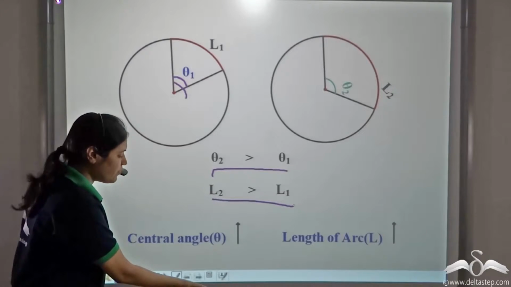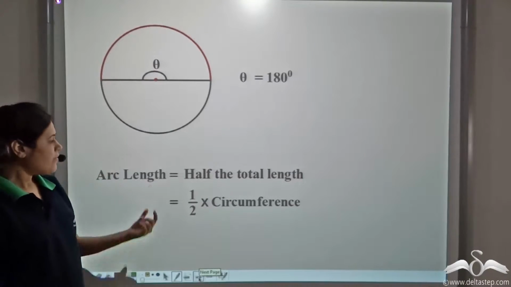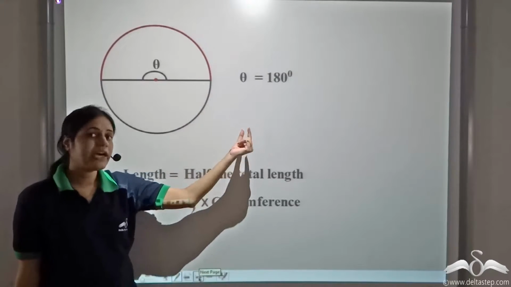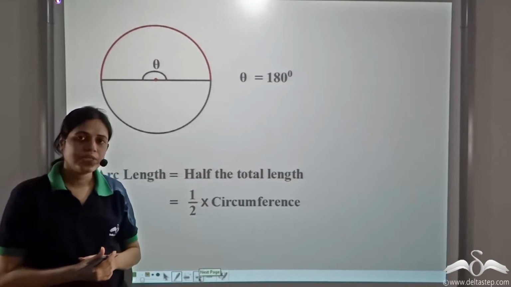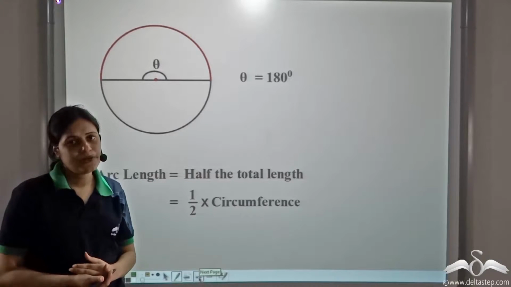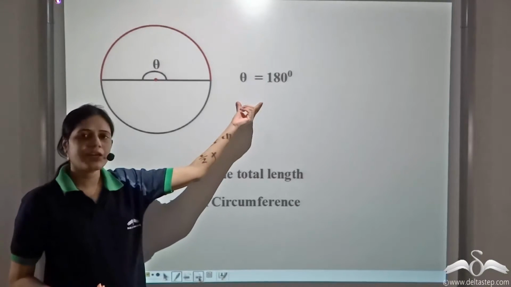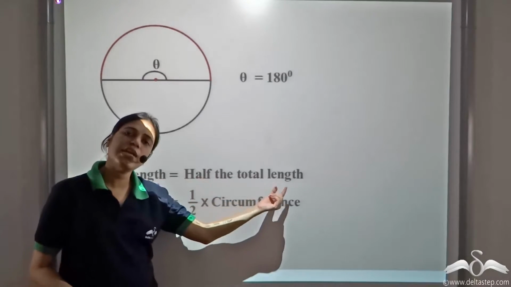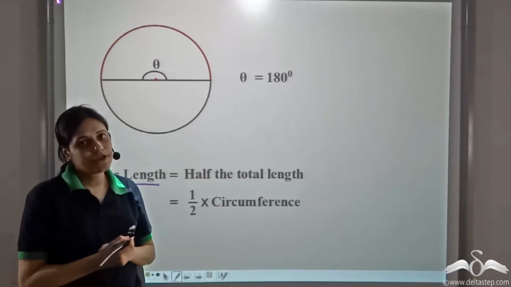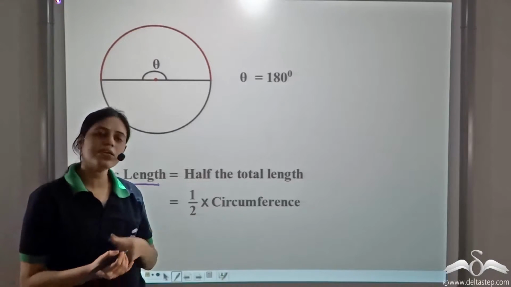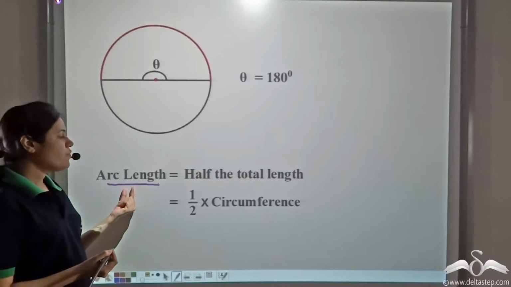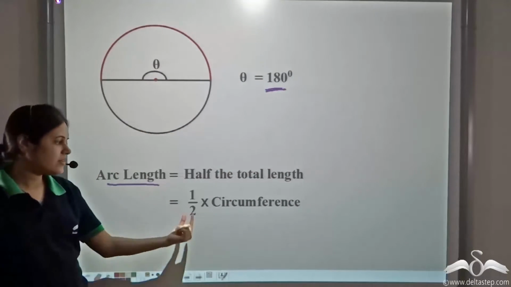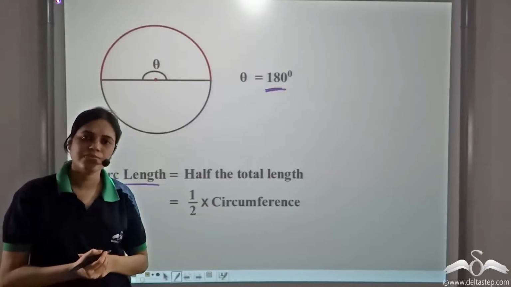He also observed a few more things. When the central angle theta is 180°, we get a semicircle, that is half of a circle. So when the central angle is 180°, the arc length will be half of the total length of the circle, which is the circumference. So the arc length will be half into circumference.